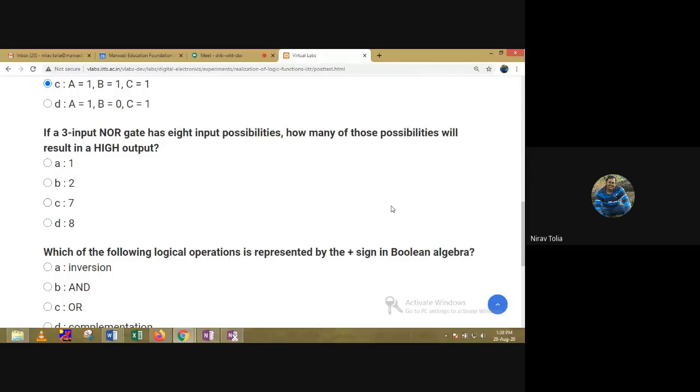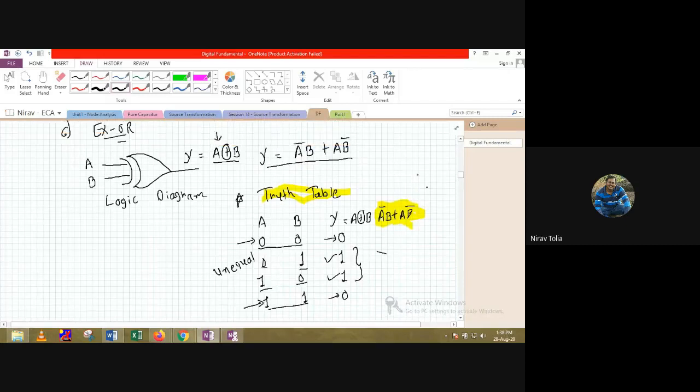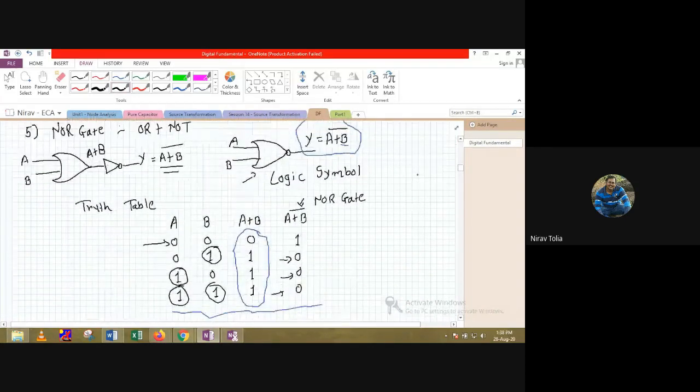Now tell me, what is the truth table of the NOR gate? It is the reciprocal of the OR gate. Let me show you the truth table of the NOR gate. This is the truth table of the NOR gate.